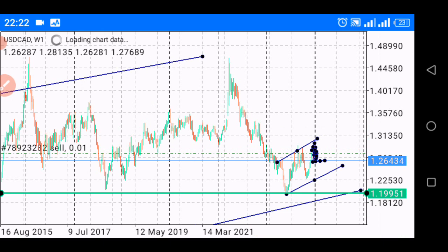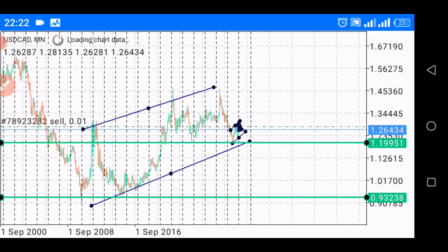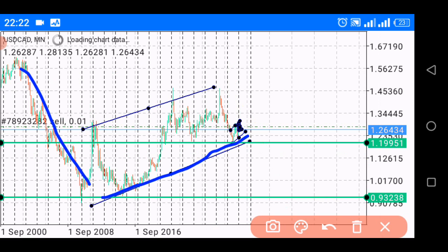What is really top down analysis? I think it's not really worth doing another video on. Top down analysis really means starting your analysis from the monthly chart, from the high time frame. Like I start on the monthly time frame. I can see this, something like a head, something like a channel.